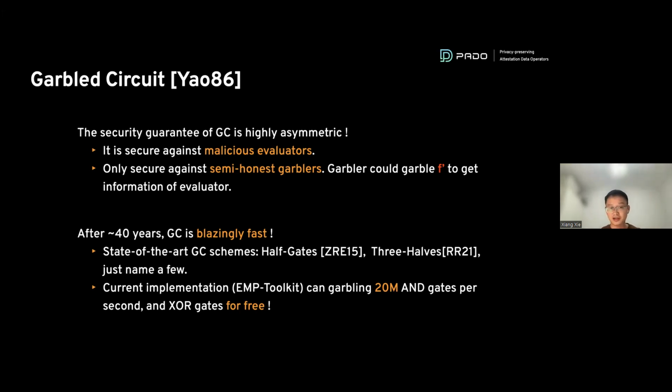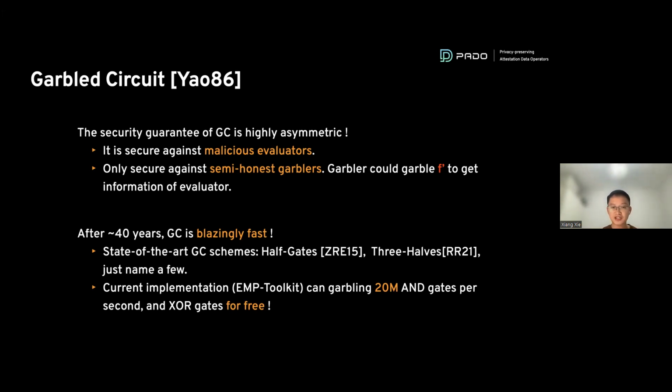After 40 years, GC is quite efficient, for example half gates or three halves, which are the state-of-the-art GC protocols. In our protocol, we are using half gates. If you use three halves, you can cut the communication size by about 25%, but the computation overhead is a little higher than half gates. So in our protocol, we are using half gates.